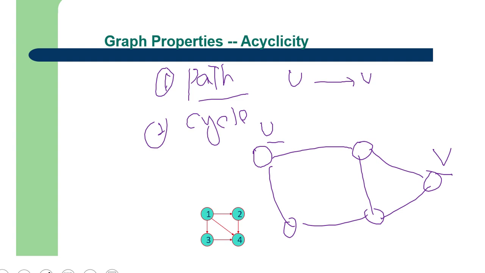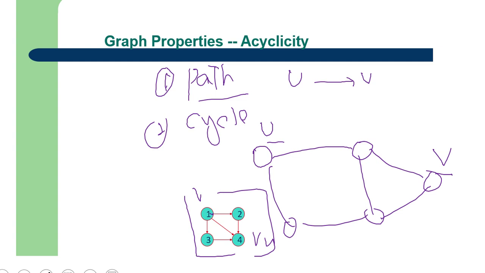For example, we take a graph, and the graph is written here on the screen. As you can see, if I want to move from vertex V1 to vertex V4, there is a path from vertex V1 to vertex V4.